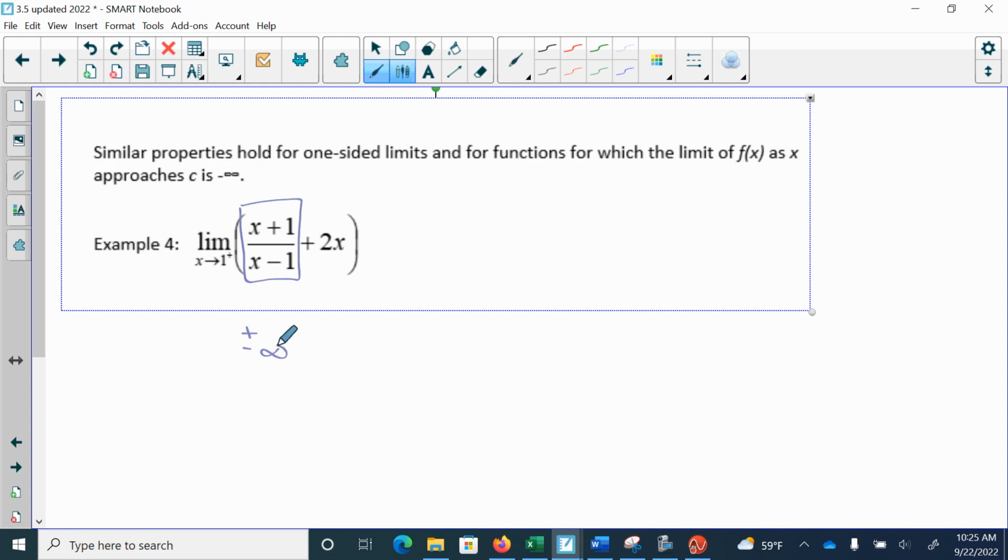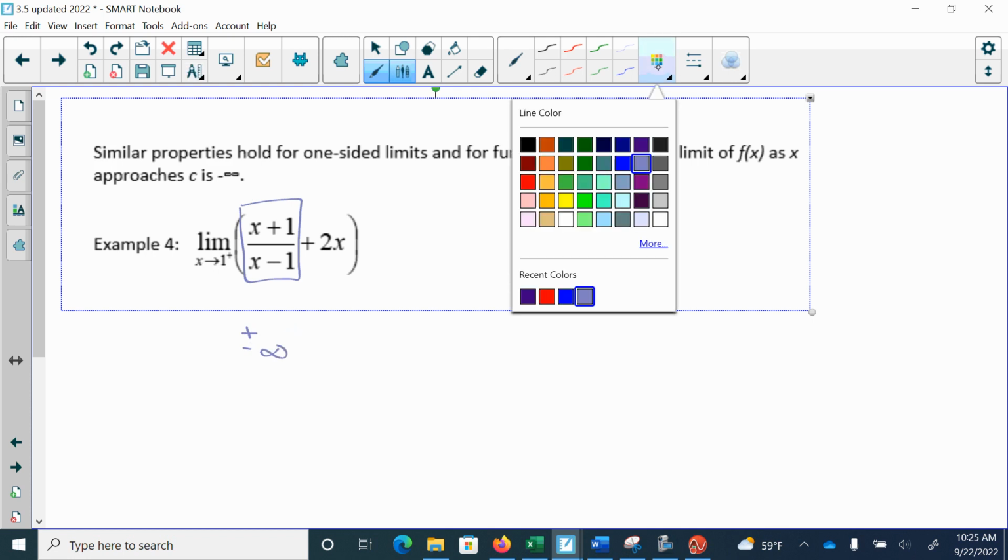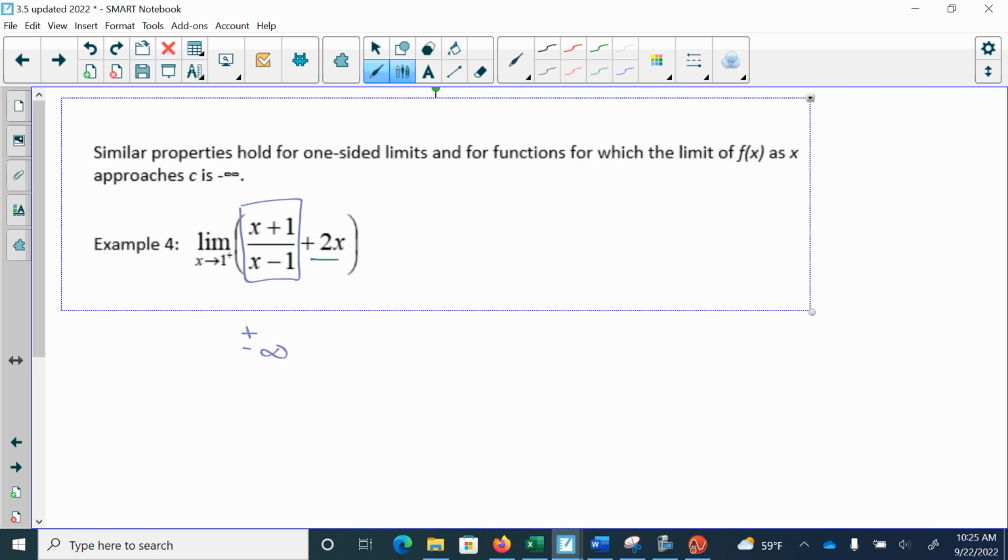And then when I look at 2x, what's that going to approach if I substitute 1? 2. So I'm going to have positive or negative infinity plus 2. Is that 2 going to have an effect on this problem at all? No. So in order to find the answer, I'm going to put this part in my calculator and see what the graph looks like. I could put the plus 2x in if I want, but it's not going to affect the problem.